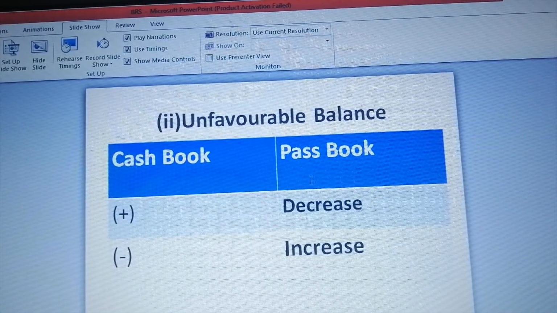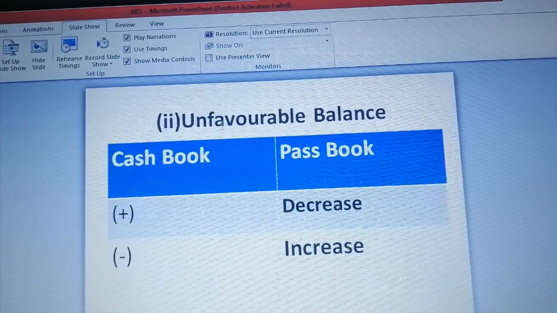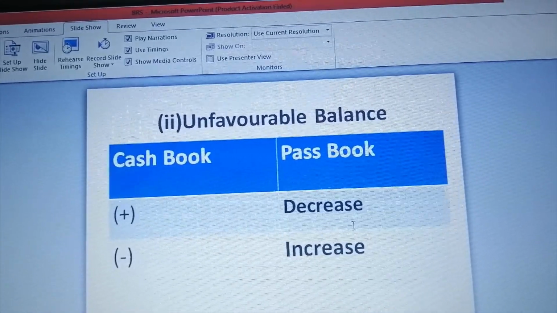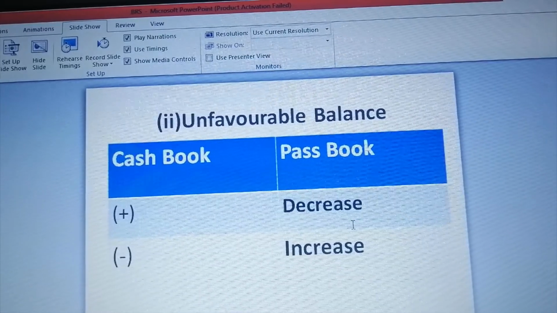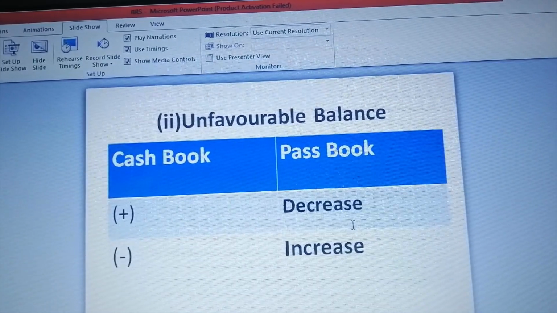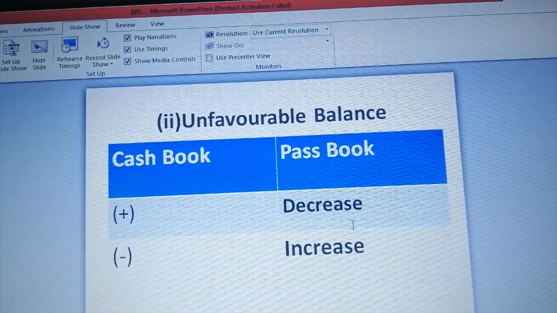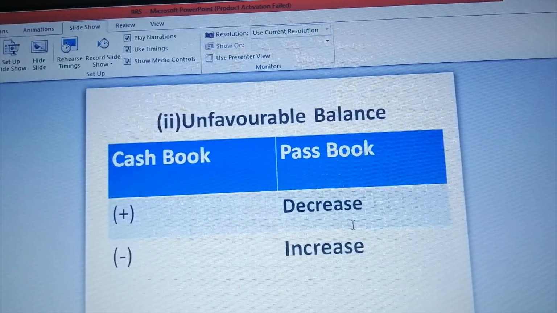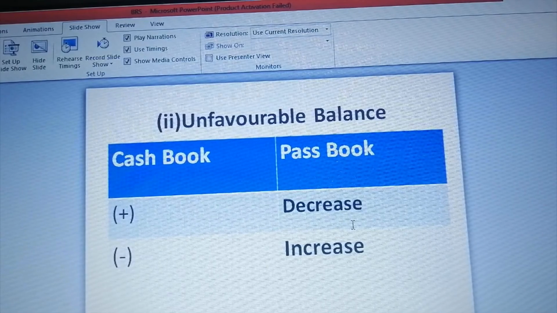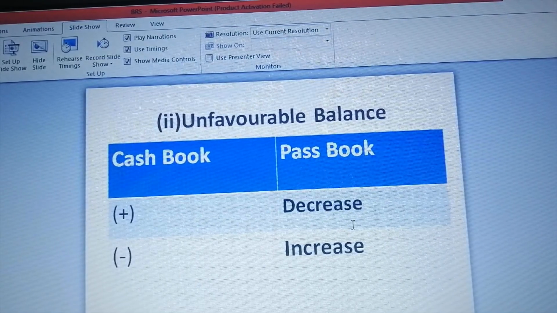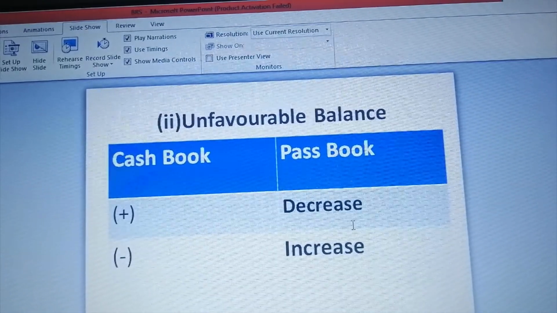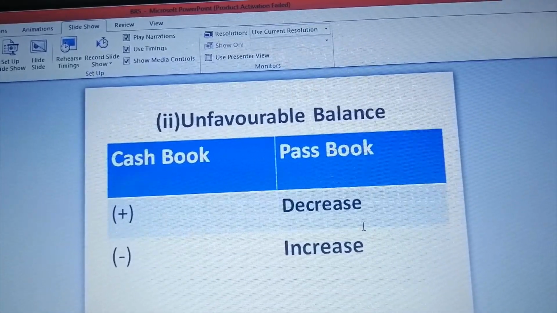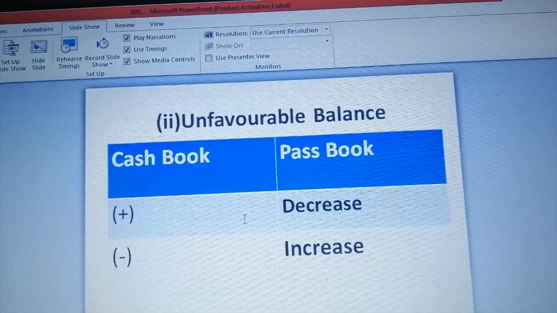Whereas in unfavorable balance method, we have to consider the transactions in reverse order. Actually, in favorable balance method, what we did, the transaction that leads to increase will be added and decrease will be deducted, right? But here in reverse order only we have to take. That is, the transaction that leads to increase will be deducted and the transaction that leads to decrease will be added. Clear?